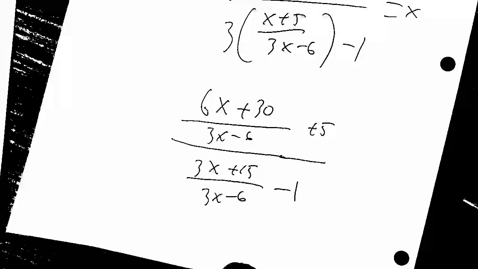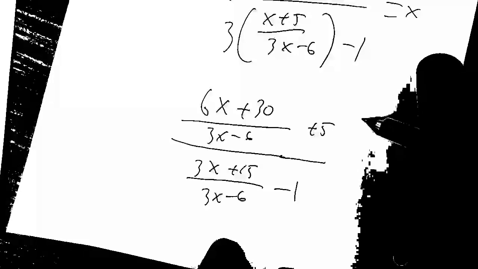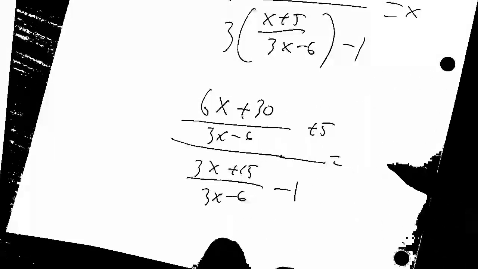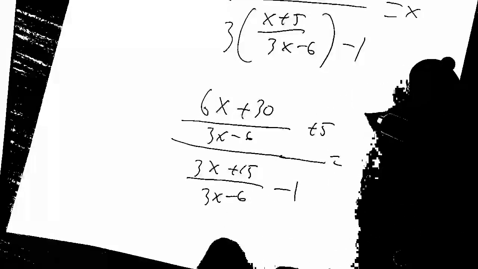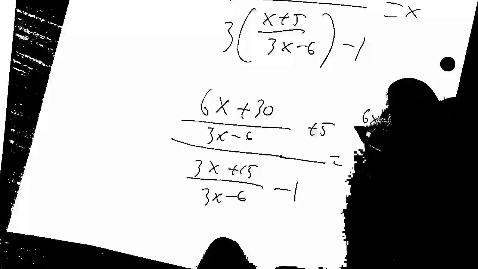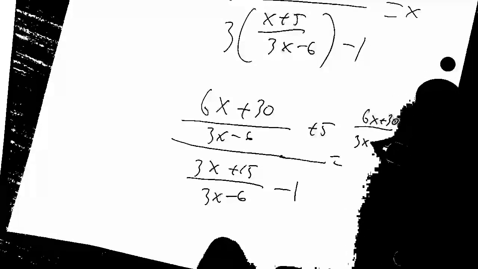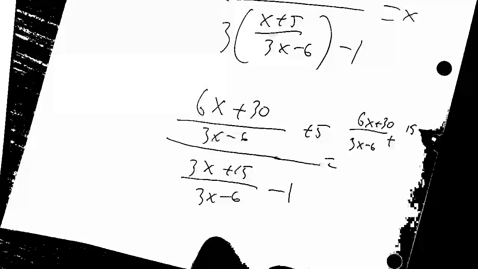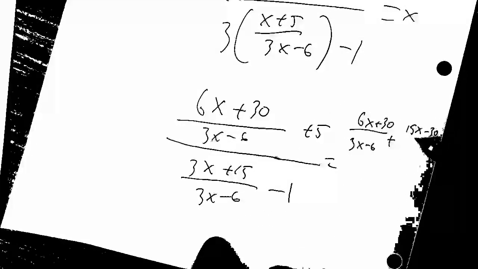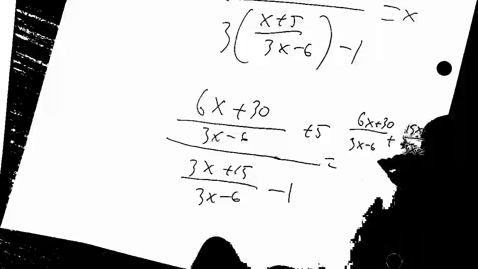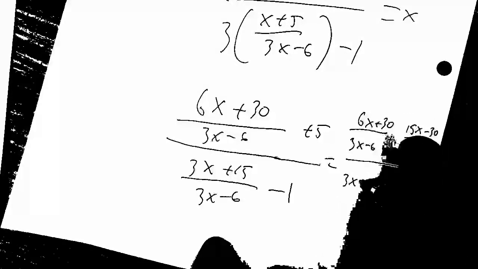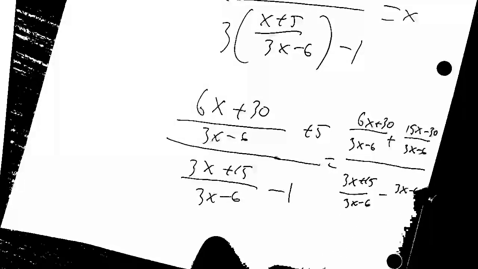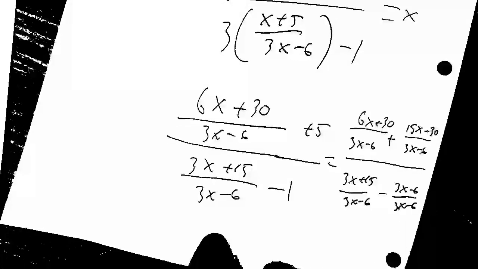Then we will add. We're going to change this 5 into this fraction, so we're going to rewrite this as 6x plus 30 over 3x minus 6 plus 15x minus 30 over 3x minus 6, over 3x plus 15 over 3x minus 6 minus 3x minus 6 over 3x minus 6.